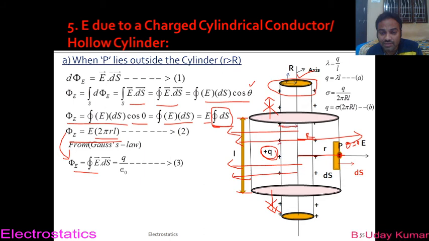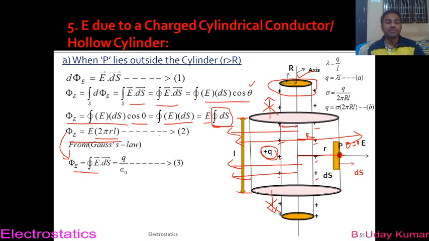This plus, this plus, this plus, this plus, these 4 plus, and these 4 plus. This is the charge that is present inside the Gaussian cylinder, and that charge I am taking as Q. So the total electric flux I can write as 1 by epsilon 0 times the charge enclosed by the Gaussian surface, and this charge I can choose in any way. I can choose it as Q dash, Q double dash, anything, but here I am choosing Q.